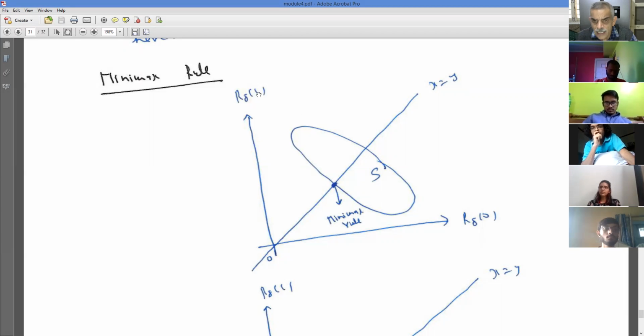What would be the Bayes risk? The average risk of R delta 0 and R delta 1. 0 has a weight P, so P times R delta 0 plus 1 minus P times R delta 1.